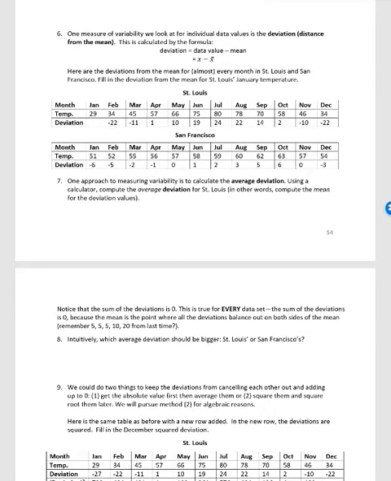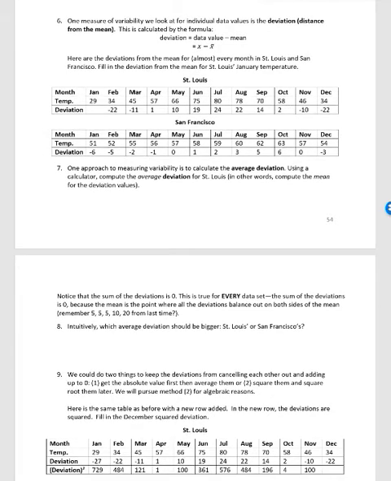Now, one measure of variability that we look at when we're talking about just individual data values is called a deviation. And a deviation is literally just a distance from the mean. So if you imagine, this is the mean, and here's some data point.